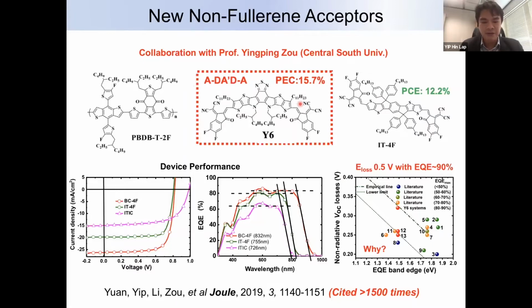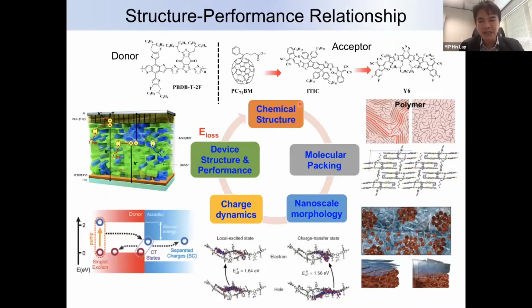Okay, and of course, to really understand why it gives us such a good performance, we really need to take this structure performance relationship study, learned from traditional material science, into this organic solar cell area. So we are trying to understand the chemical structure of the molecule and their crystal packing.